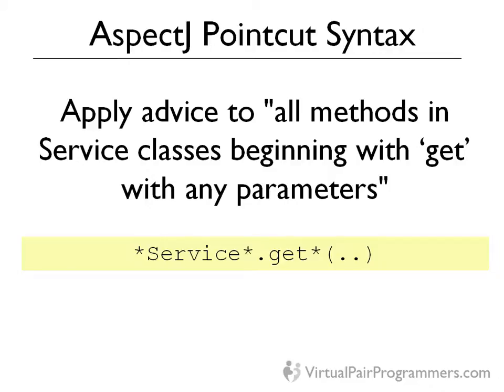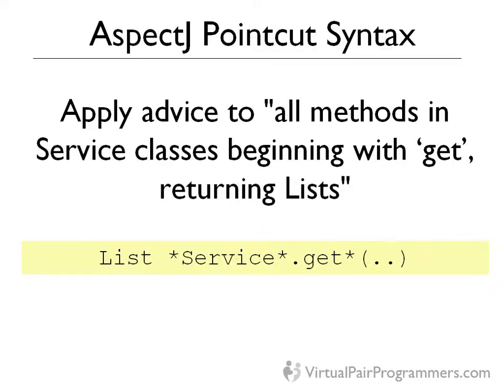Now it's not just the input parameters that we need to consider. We can also discriminate our advice based on the return types of the target methods. Let's be more specific and say that, well, this advice only needs to be applied to methods in service classes beginning with the word get, but they must return lists.